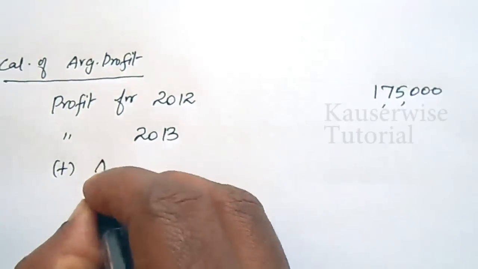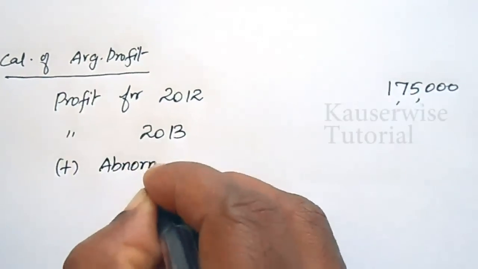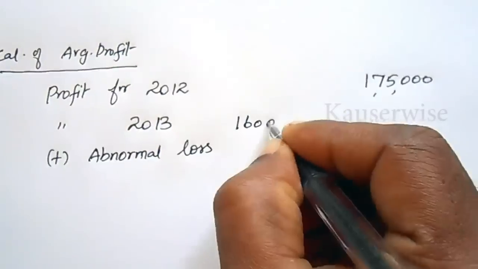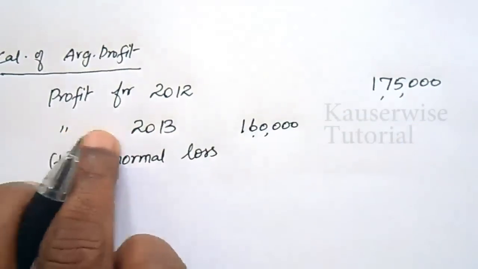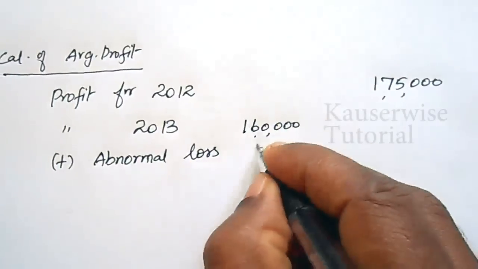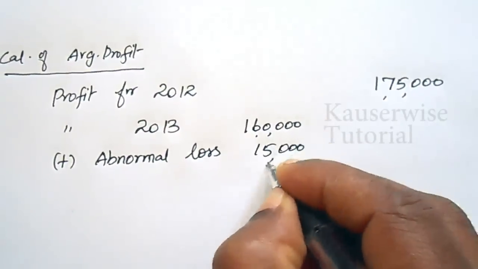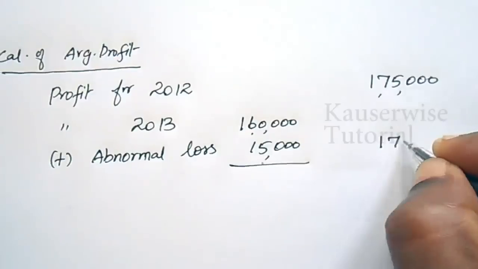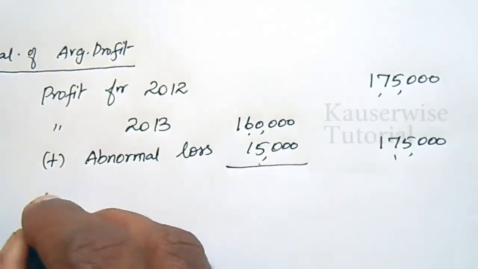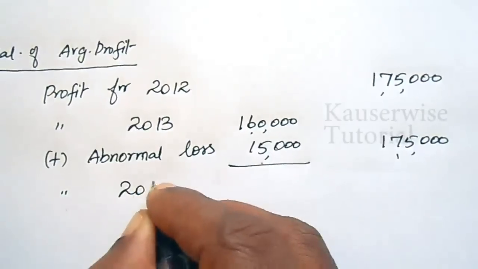Add abnormal loss. Profit for 2013 1,60,000 plus abnormal loss 15,000. Total 1,75,000. Profit for 2013.